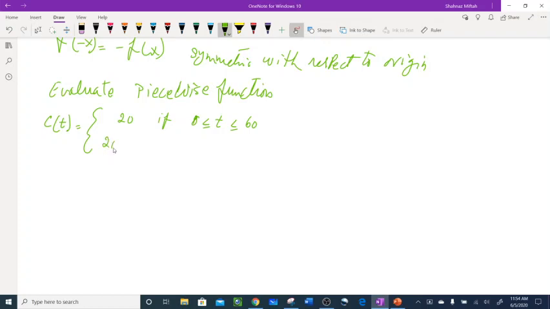Next, I have 20 plus 0.40(t minus 60) if t is greater than 60. So that's what I got. Now, the question is asking, find C(40) and C(80). Now, that's a good question.